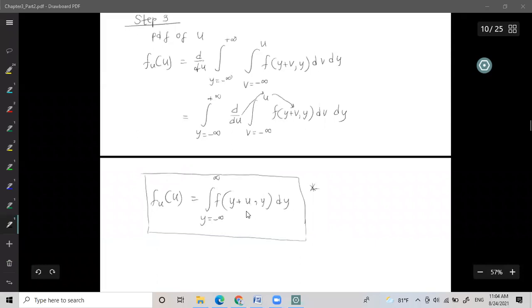X will go from negative infinity up to plus infinity, and inside this, the joint density will be in x's and u's, with dx. You will not get this exact form, but depending on the variables you use, it will be in x's, not in y's. Your final answer will be with respect to x, not y.